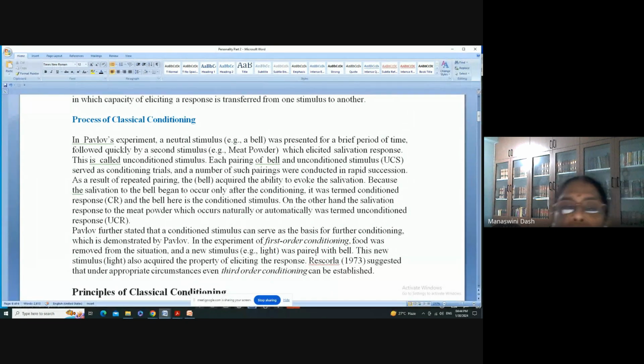You see, what we do in the experiment, first we present the bell, the sound of the bell. The sound of the bell doesn't elicit salivation in the dog.